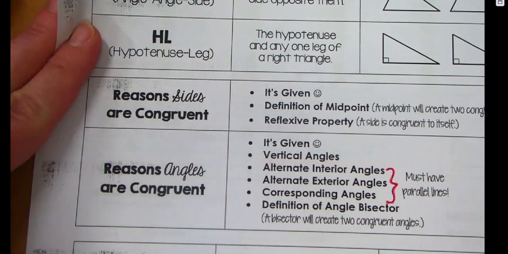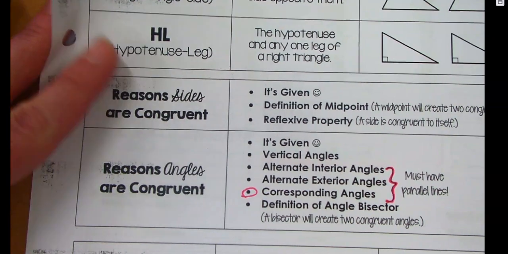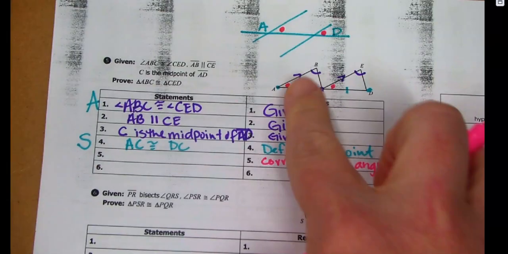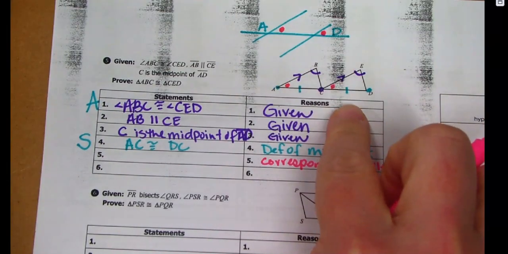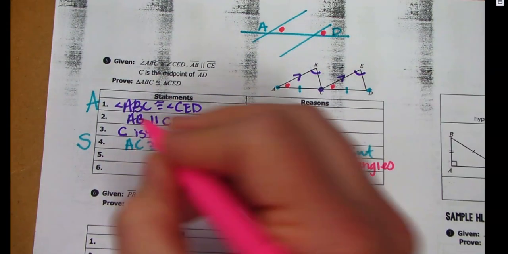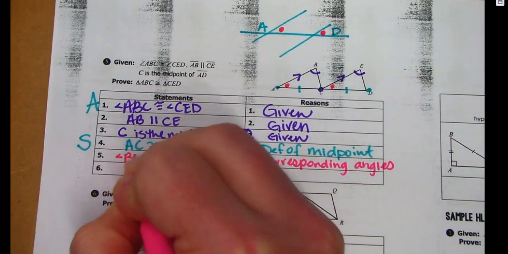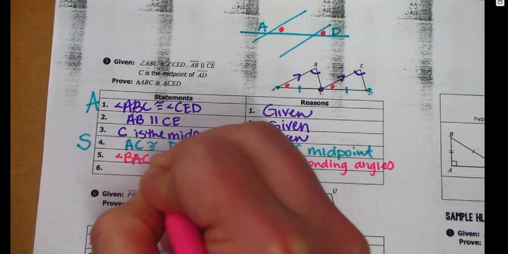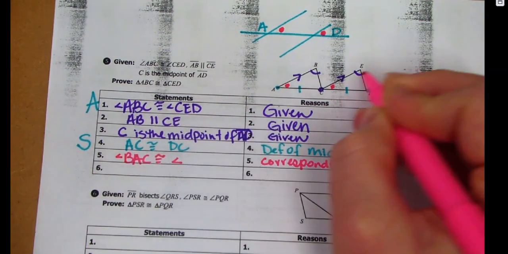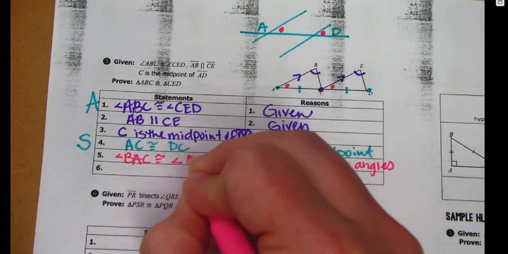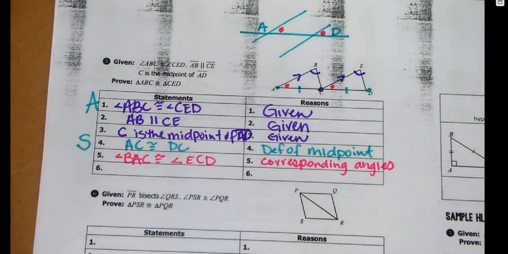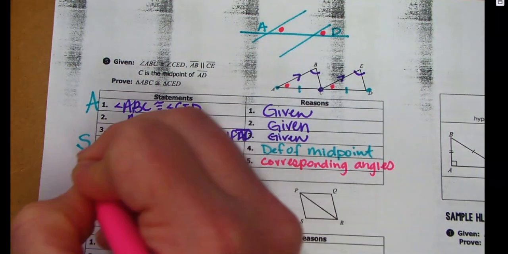The one that we're dealing with right now is corresponding angles. They are in the same location, those pink dots. So I'm going to call that angle BAC and angle ECD. Those are congruent.